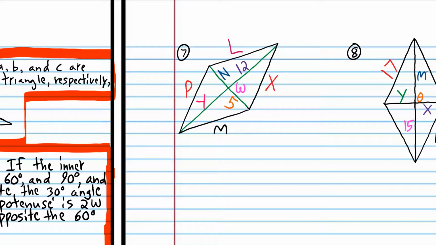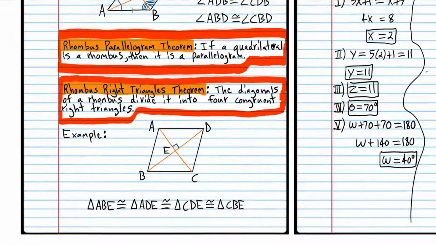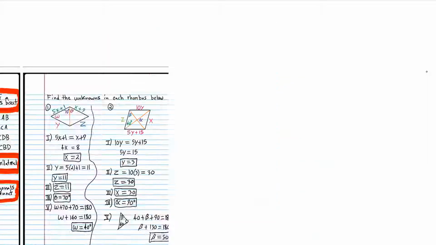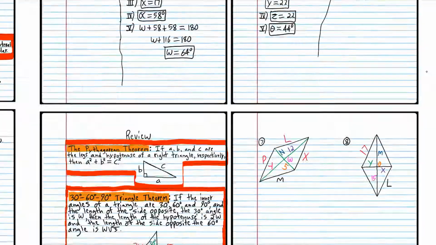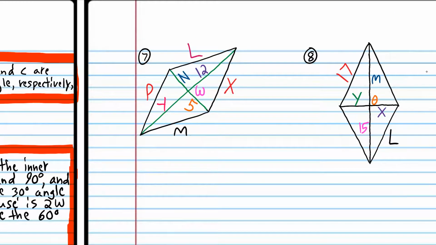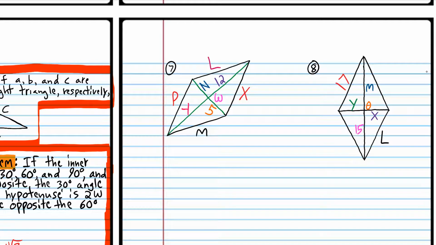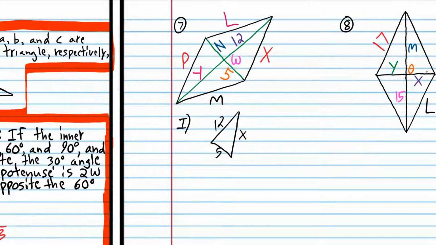Remember, we learned that. That was our last theorem for rhombi, this theorem here. So we have 4 right triangles, and I'm going to pull one of those triangles out so you can see what's going on. And this side is 12, and this side is 5, and this side is x.